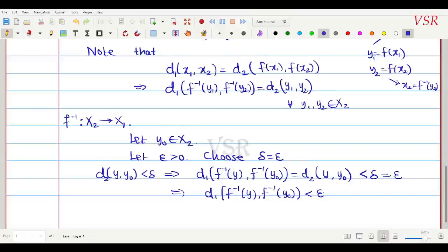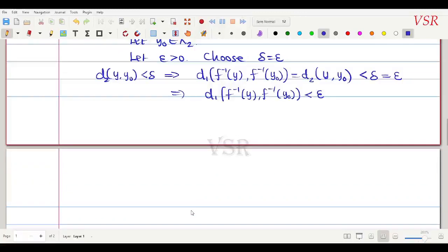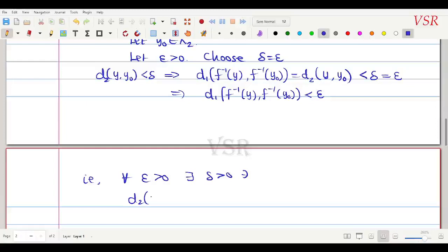அப்ப இதுல இருந்து என்ன தெரியுது அப்படினா, that is, for every epsilon positive there is a delta positive such that d2 of y comma y0 less than delta would imply that d1 of f inverse of y comma f inverse of y0 is less than epsilon.